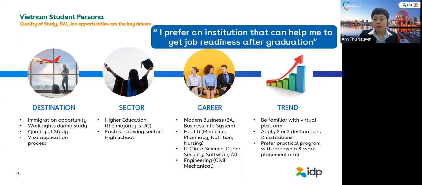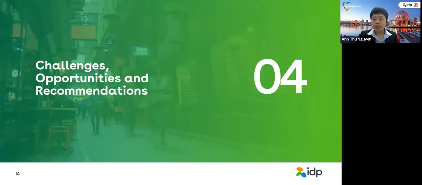And in part 4, this is our insight into the opportunities and challenges, and our recommendation for you if you want to attract more Vietnamese students to your schools. So we have a lot of opportunities here.